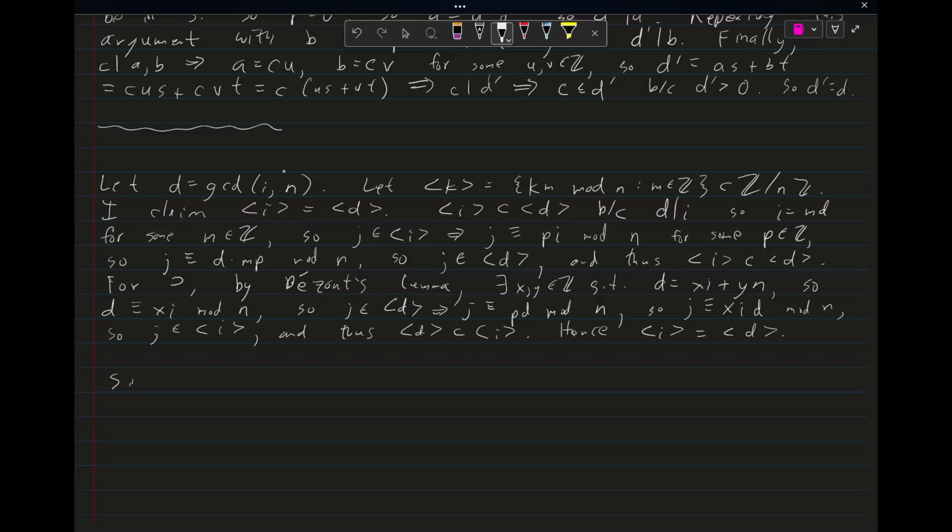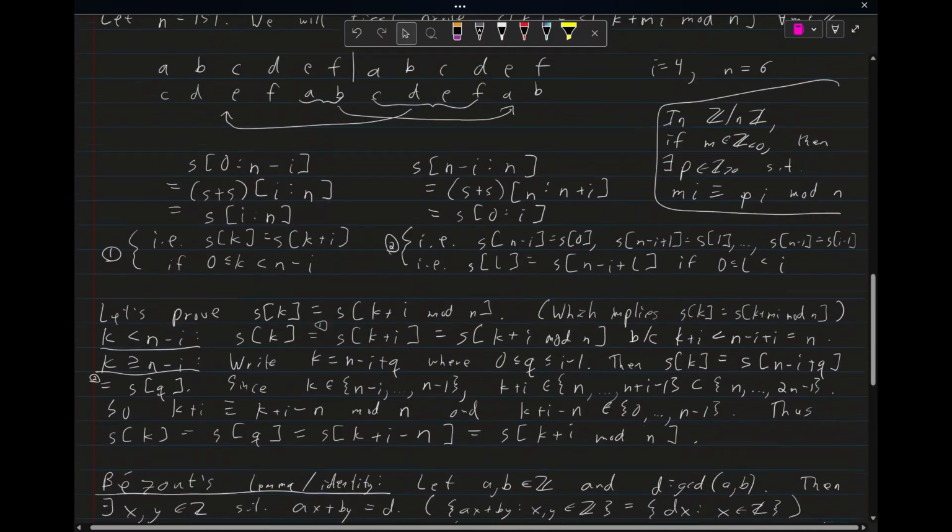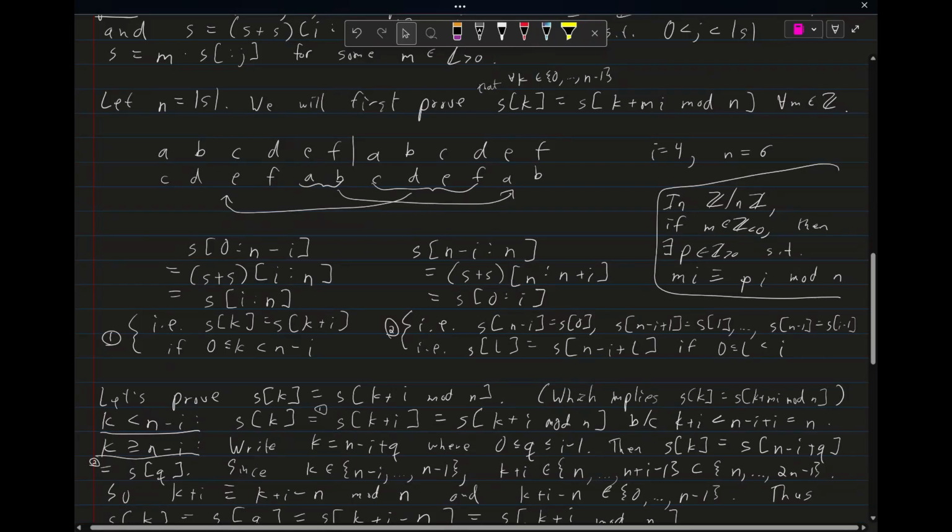Now what do we have? Since D divides N, what does this set look like? When we looked at it here, it's kind of straightforward. What does the set of indices generated by 2 look like? You start at 0, then you get to 2, and then you include all multiples of 2 which are strictly less than n.